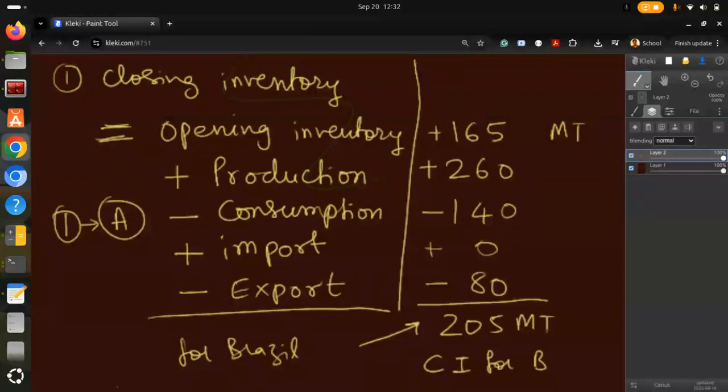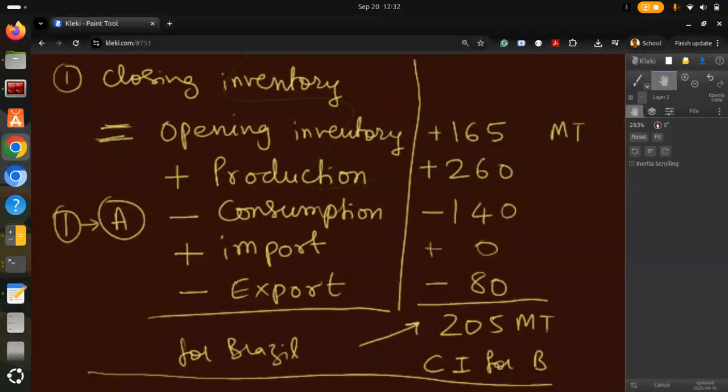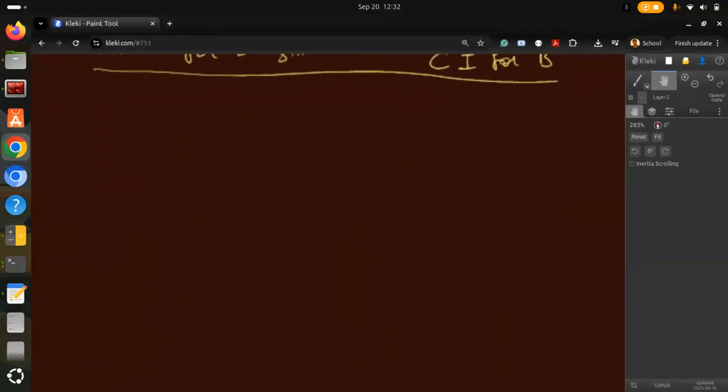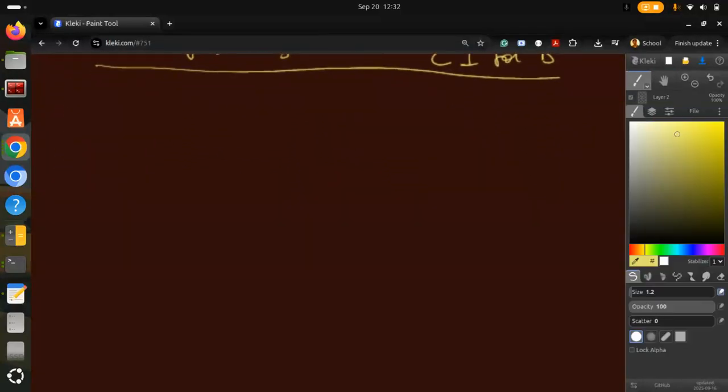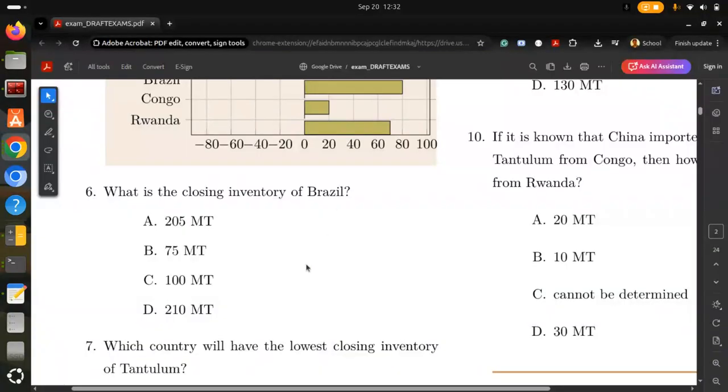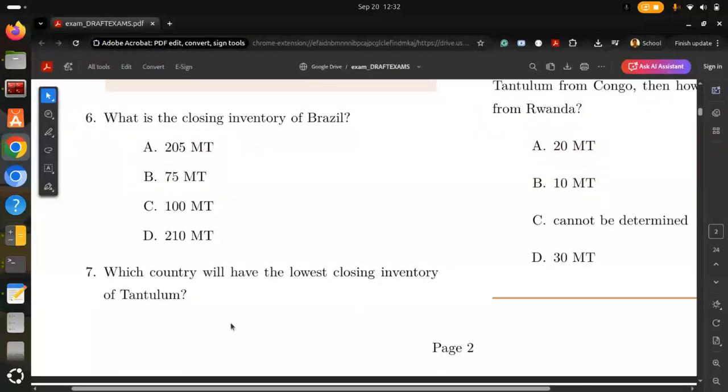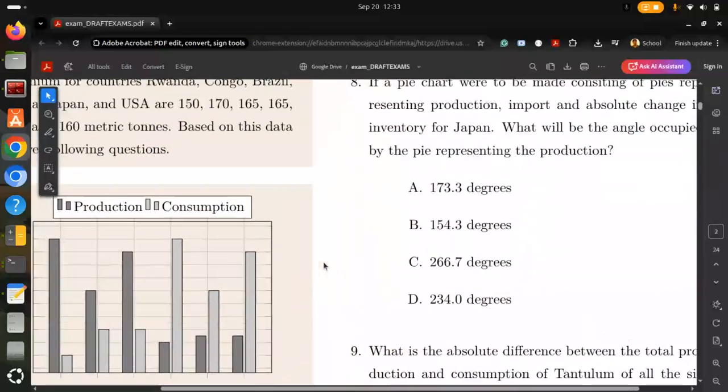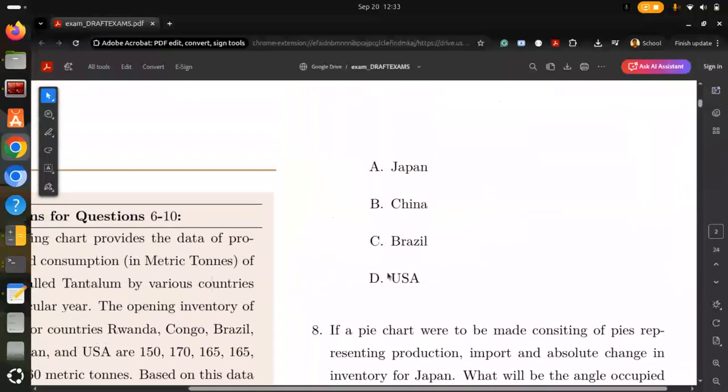Let's continue with the next question. Which country has the lowest closing inventory of tantalum? We need to find the closing inventory of all the countries and then find the lowest. The choices are Japan, China, Brazil, and USA.